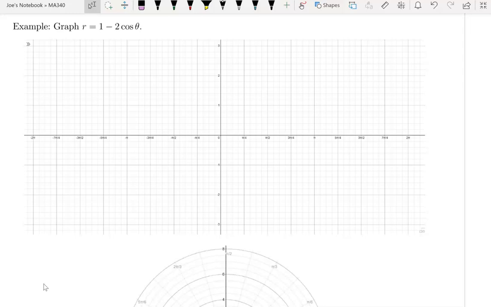So the idea behind what we talked about towards the end of class last time was to graph the given function in Cartesian coordinates, treating your theta as the x and the r as the y, and then use that information from the Cartesian graph to help us get a graph down in polar. All right, so let's think about some of the transformations that's done to cosine based on this.